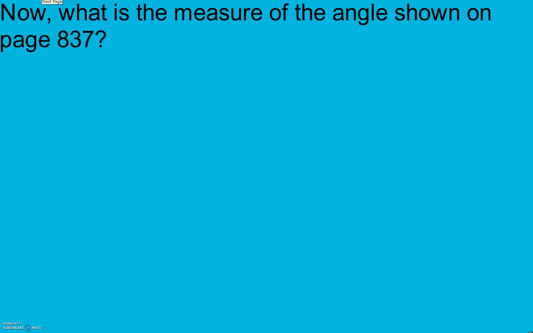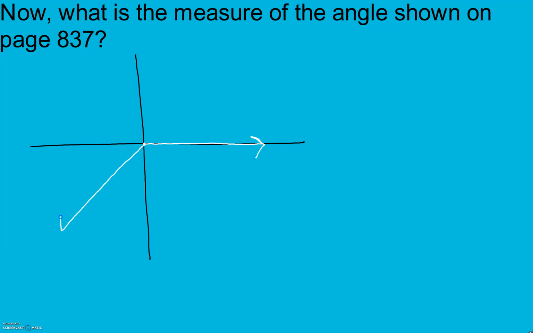Now, what is the measure of the angle shown on page 837? Our initial side on our x-axis is right here, and our terminal side is that same angle we had before. And again, it tells us that we have a point, -2, -2. Guys, because those are the same, it means that we're halfway. This would make a square that's halfway. So this is 45.